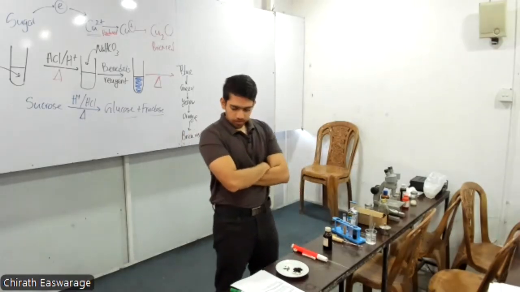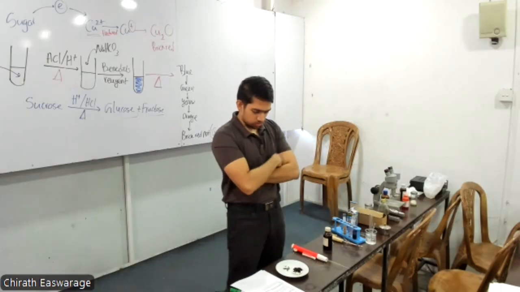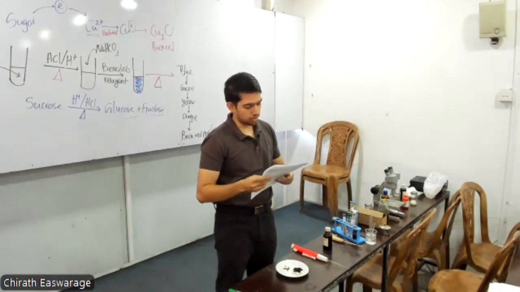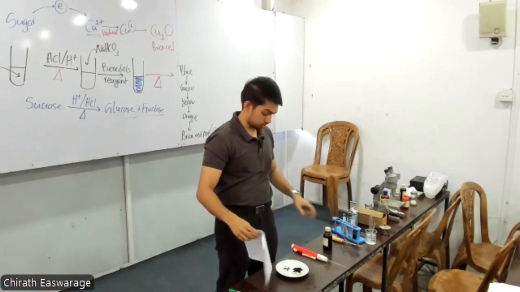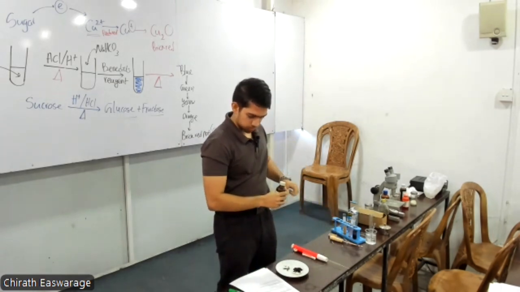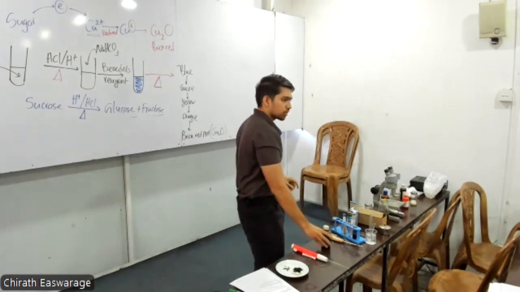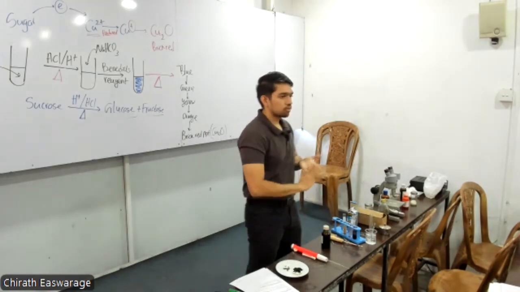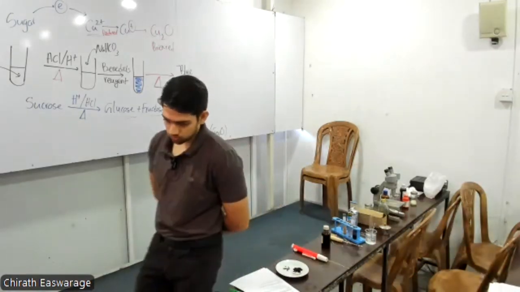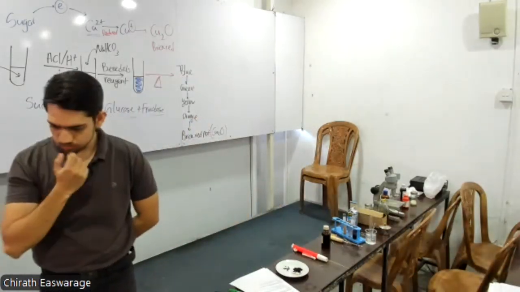Okay, anything else? So that's the practical. Please highlight the color change, blue black color. And potassium iodide, what is the color? You can write it down, it's not given there, no? What is the original color of the iodine solution?